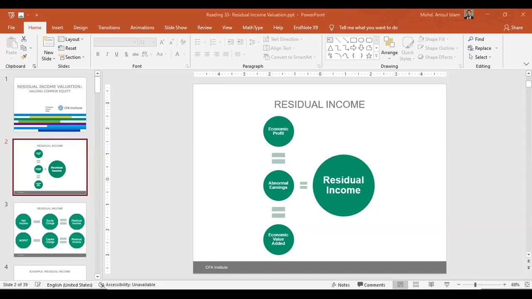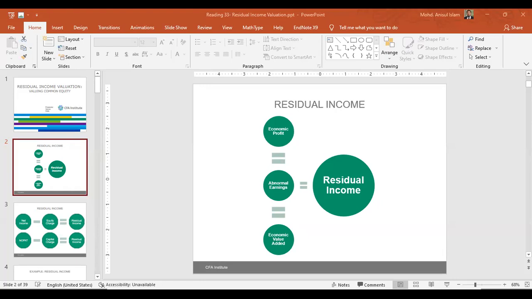In comparison to the rationales, or positive reasons, why the price to sales ratio is to be used, let's see some of the drawbacks of price to sales. Let's try to understand that sales, which is the denominator in the price to sales, is not equal to earnings and cash flow. What does it mean?